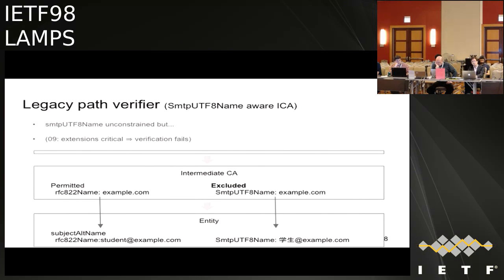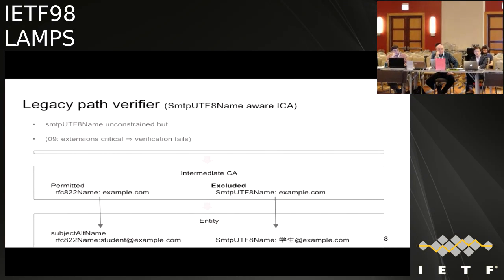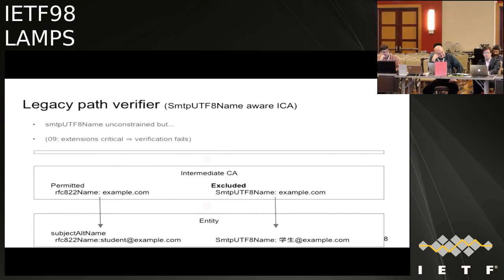I'm not denying it. What I really wanted to ask today was that I saw that the latest iteration or proposal on the list from the document editor was to make the SMTP UTF-8 name extension critical. I'm generally loath to see new critical extensions, especially in intermediate certificates. It's one thing to mark things critical in leaf certificates, but especially in intermediates, this would essentially make them useless for many purposes to verifiers that don't understand critical extensions.